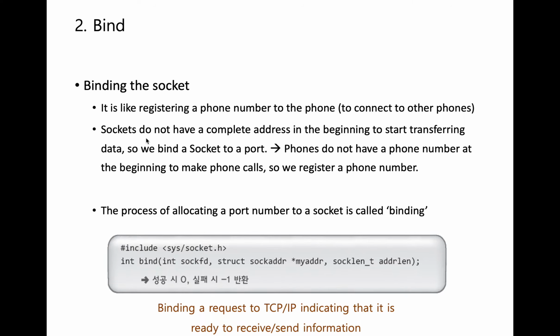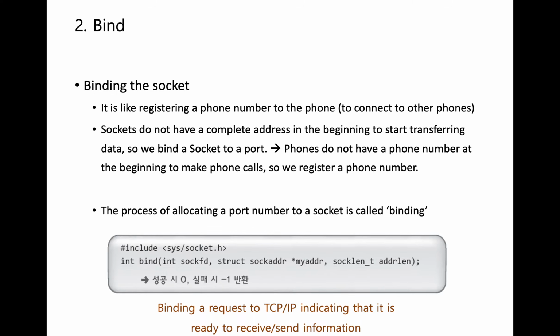And when you create a socket, when you specify the type and the domain and the protocol type, you actually still don't have a complete address for your device. You'll have to specify it yourself, because your device can have a local network address or a public IP address. So there are a lot of addresses that one device can have.